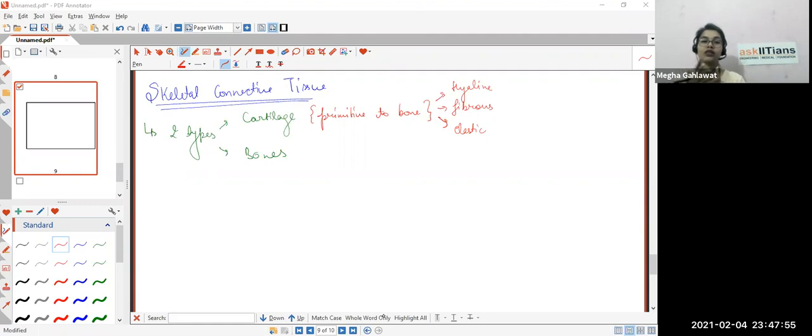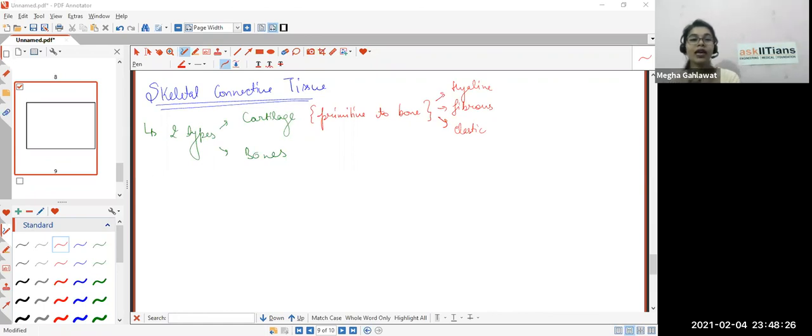Hyaline cartilage is very smooth, very transparent, and has a glass-like appearance. Next is the fibrous cartilage, which is the strongest cartilage, present between any two bones. It is present in the discs of the spinal cord. The spinal cord is not one continuous rod; it is made up of multiple units, and in between those units we have the fibrous cartilage.